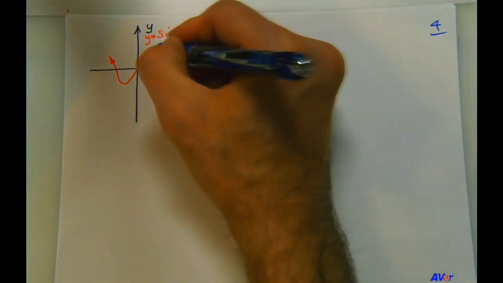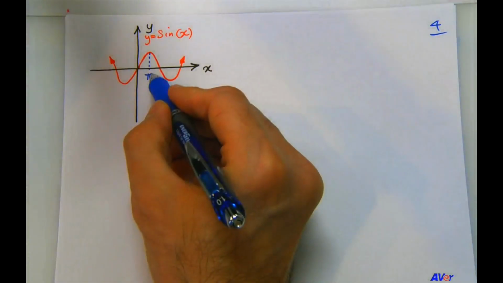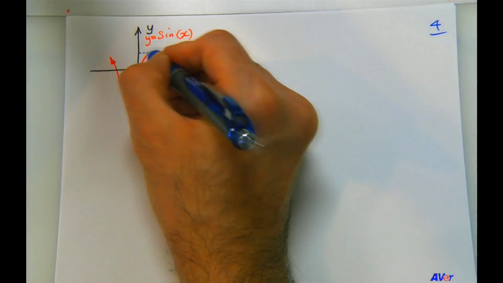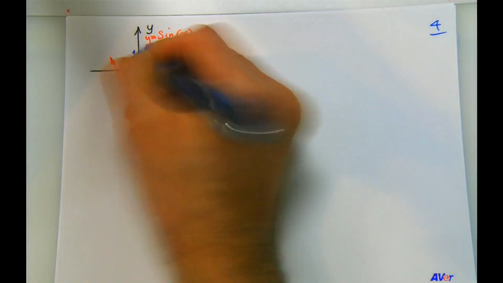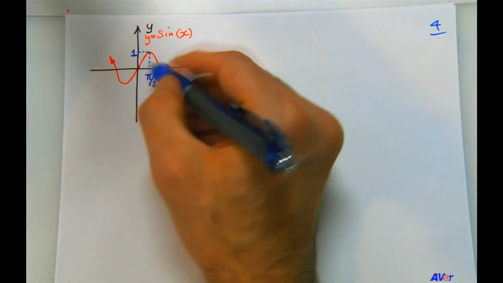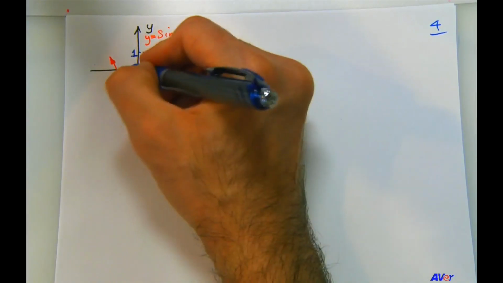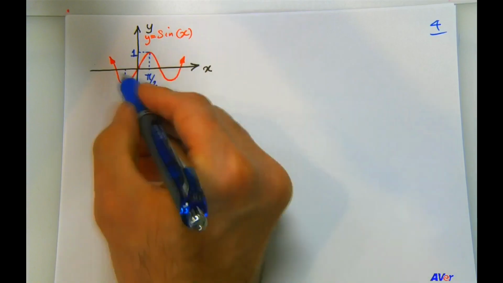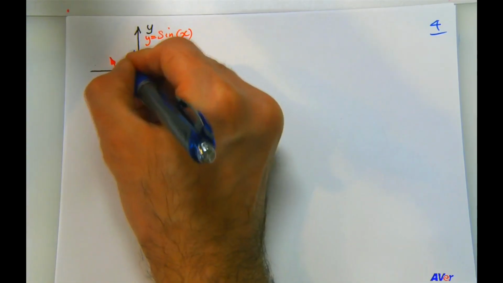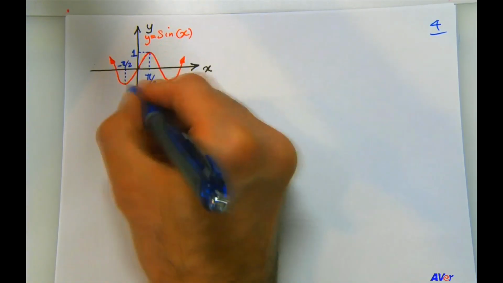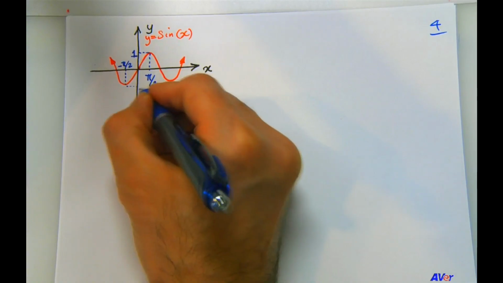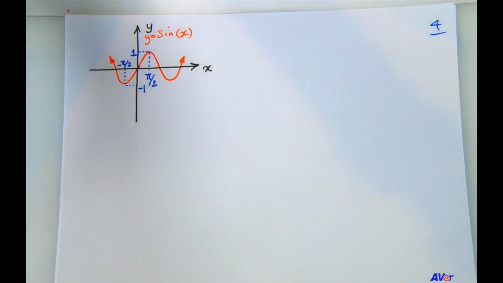So at this pi over 2, the sine function is equal to 1. And at sine of negative pi over 2, it is equal to negative 1. Right?